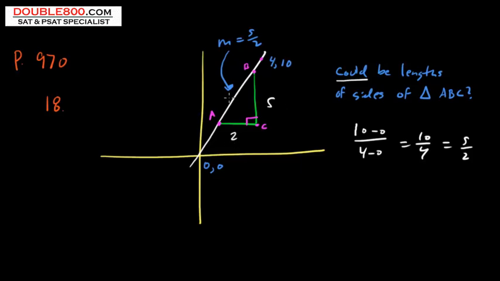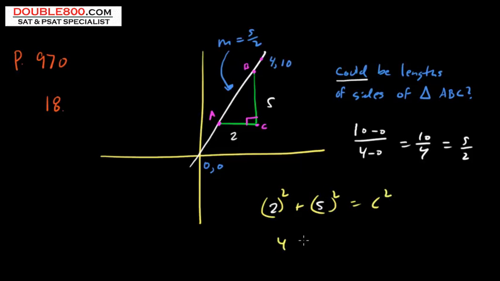And now how do we figure out the third side if we pick 2 and 5? That's a true statement. Then we're going to use the Pythagorean theorem, a squared plus b squared equals c squared. So 2 squared plus 5 squared equals c squared, and we're just going to solve it.